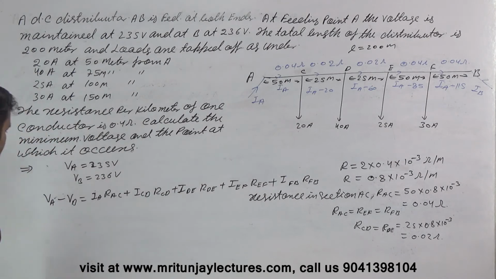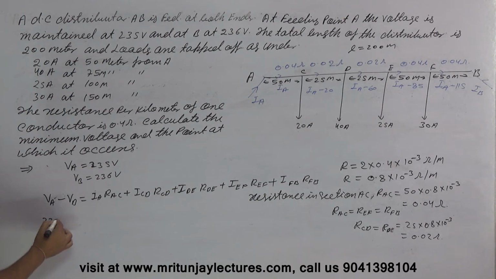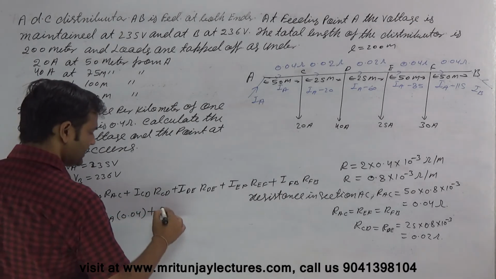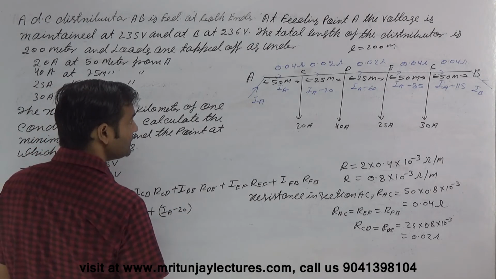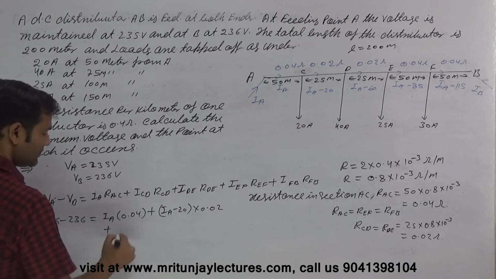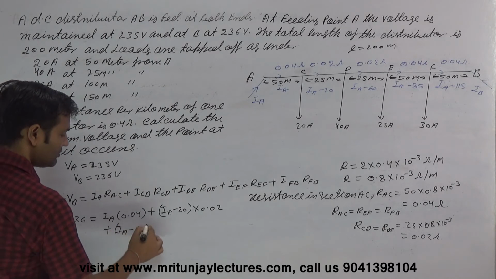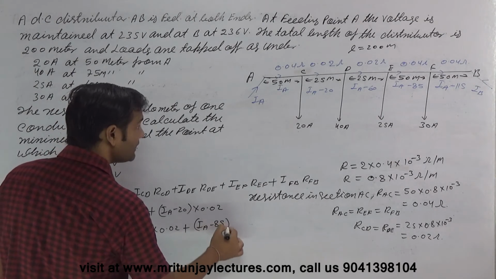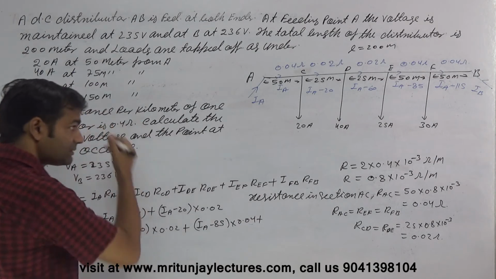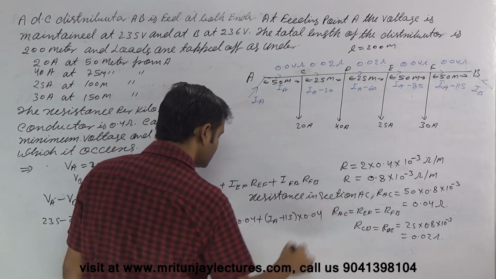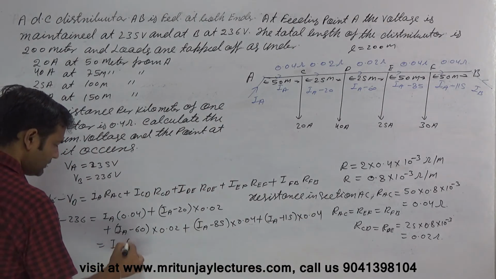Now 235 minus 236 is equal to IA into 0.04, plus IA minus 20 into R of CD, which is 0.02, plus IA minus 60 into 0.02, plus IA minus 85 into 0.04, plus IA minus 115 into 0.04.